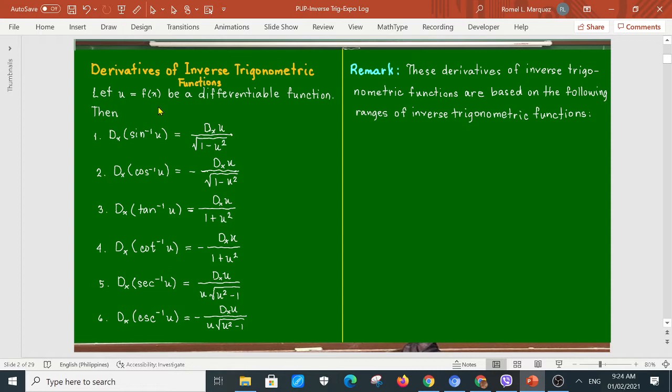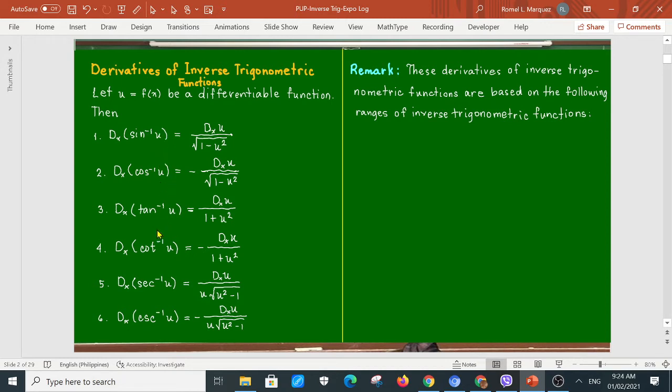So let u equals f of x be a differentiable function, then the following formulas hold. The derivative of inverse sine u with respect to x is equal to the derivative of u with respect to x over the square root of 1 minus u squared. Remember, angles here are in radian measure, or they are real numbers.